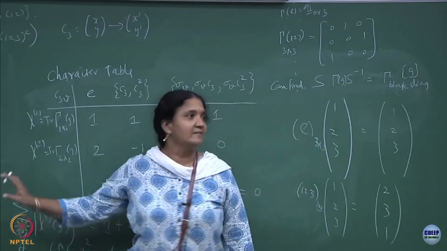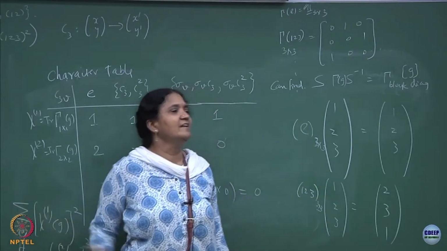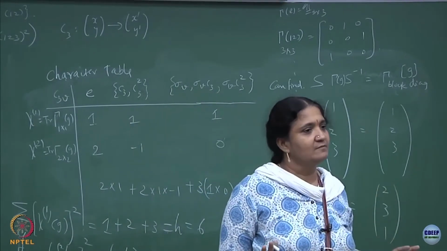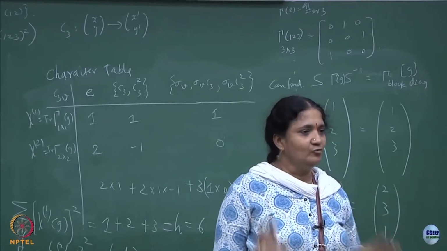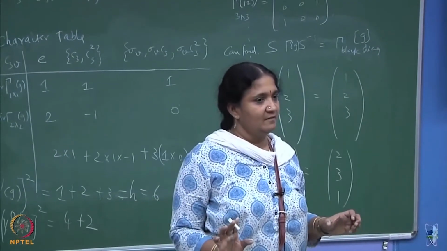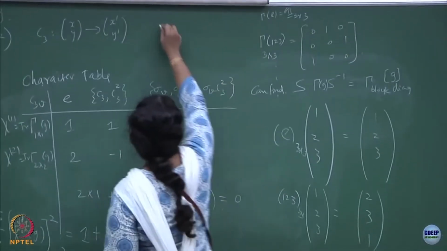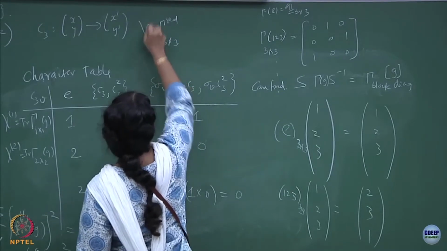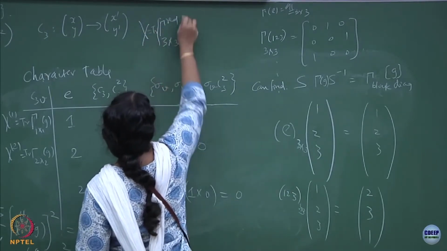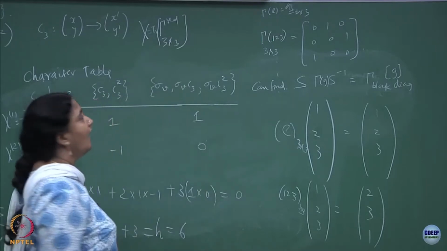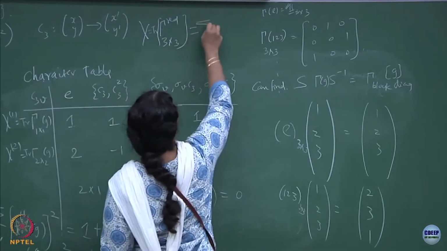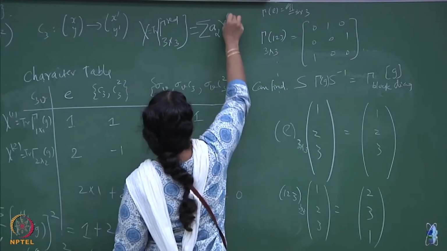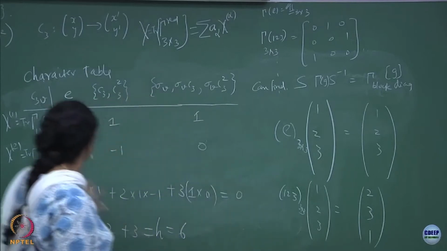When I write the character table, I write only the irreducible representations, irreducible characters. All the other reducible characters, suppose I take this, I call this as reducible, character of it, which is trace of these. I can write it as something like A alpha, character of alphas, this notation.